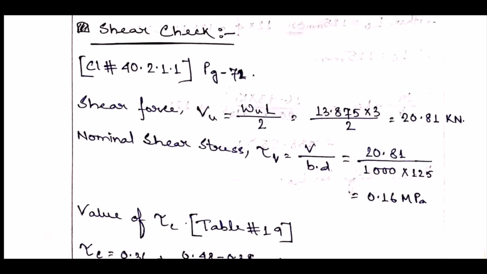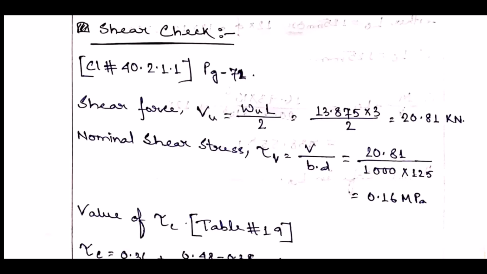So that is equal to wu, we have calculated 13.875, into L is 3, by 2, that is equal to 20.81 kilonewton. Now nominal shear stress tau v is equal to V by bd. That is 20.81, which we have calculated just now, by b is 1000 into d is 125, that is equal to 0.16 MPa.